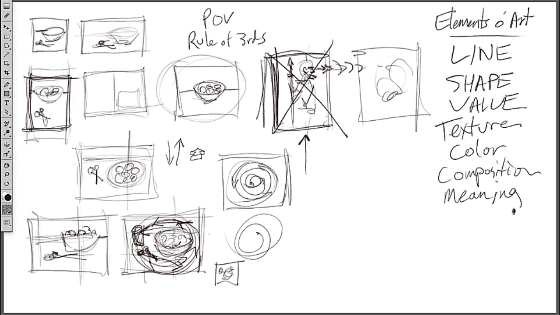Gotta have that in art. We'll also talk about unity, harmony, and focus.